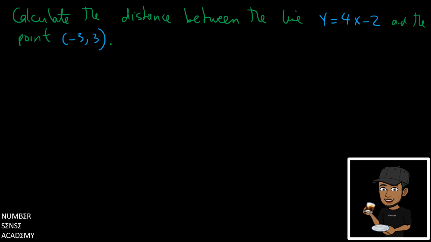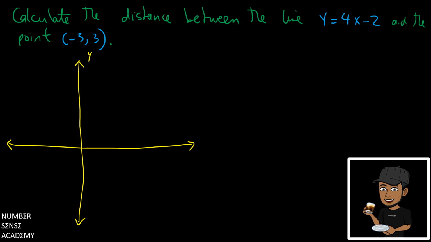So whenever we see these, I'm going to put this on a graph because there's some information here that we need to understand. So let's get this on a graph real quick. For this one, we know that the y-intercept is 0, negative 2, and m equals 4 over 1.